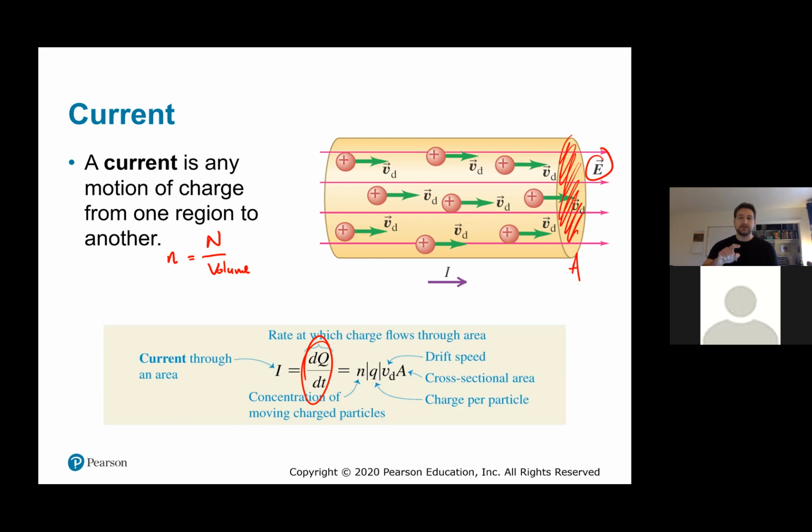So how many of them move through a region? The rate at which charge flows through an area. If we know the volume concentration, we need to know the volume that we're talking about.